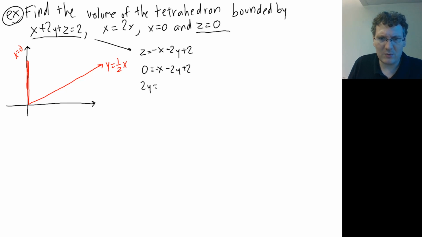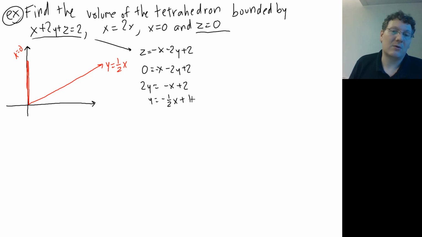We have 2y equals negative x plus 2. y is negative 1/2 x plus 1. Okay, so it intersects at 1, and it has a slope of negative 1/2. That's y equals negative 1/2 x plus 1.